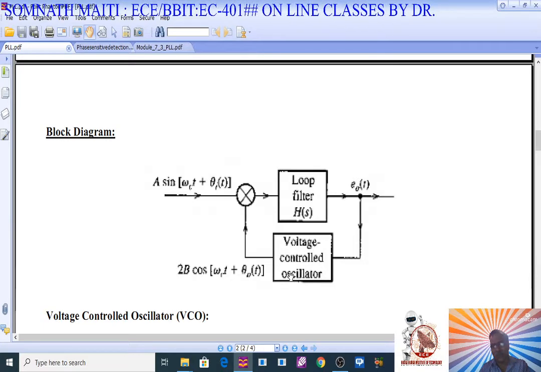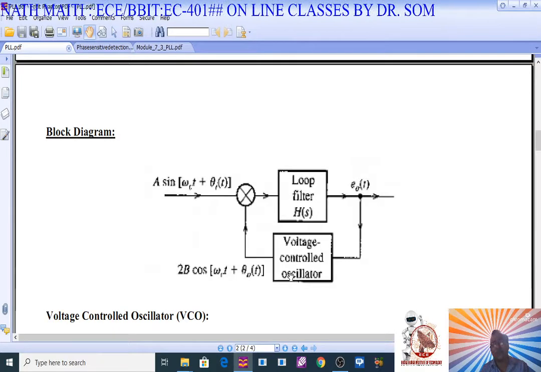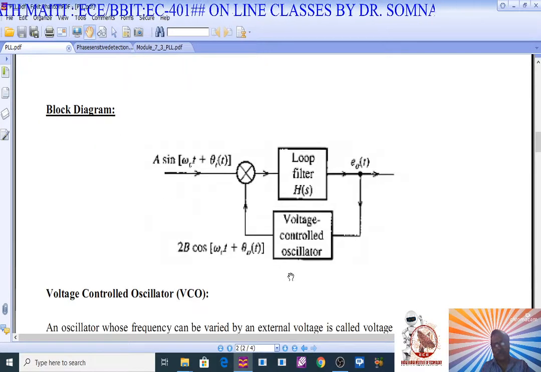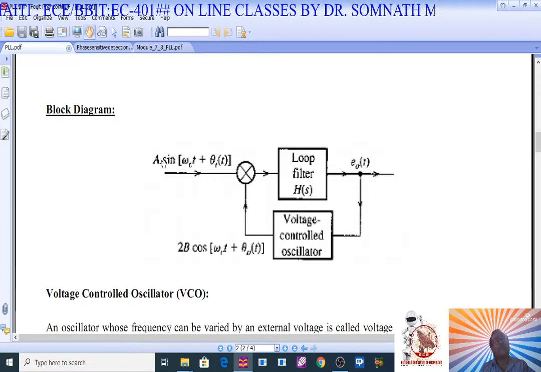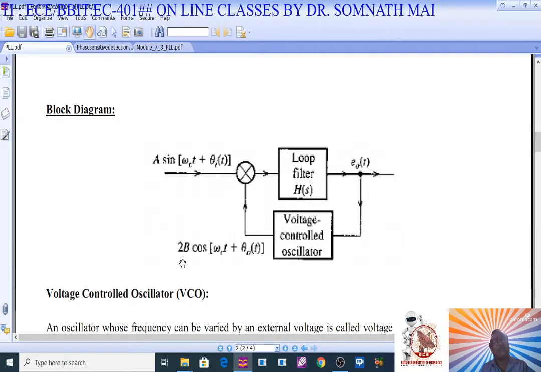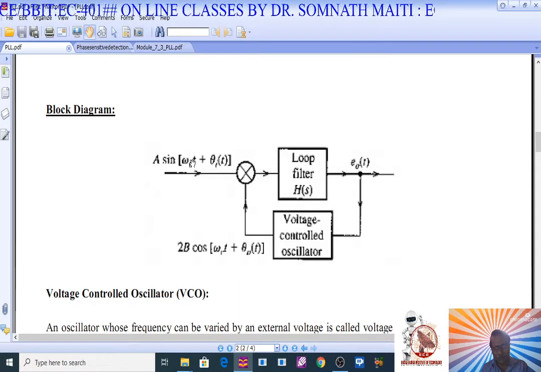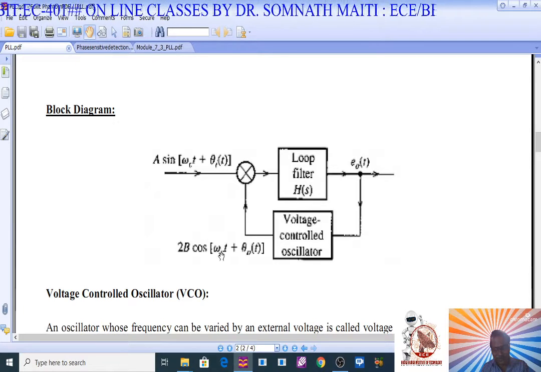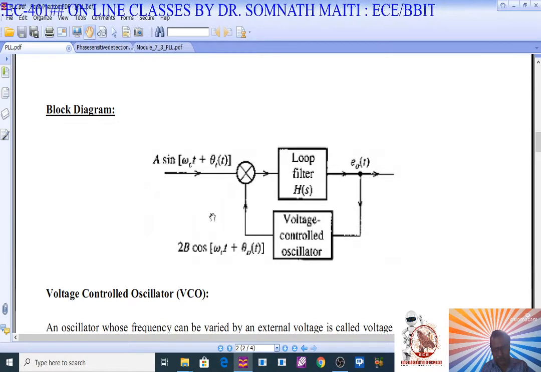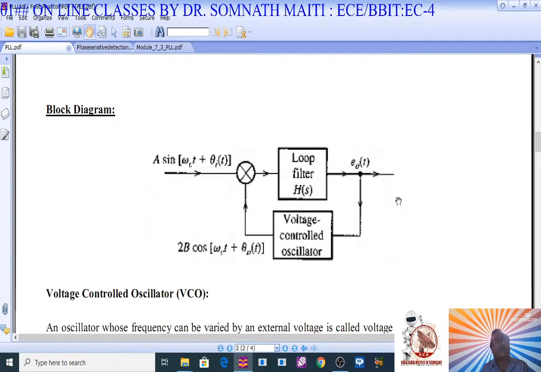That means it is not locked, so he will move away. So the same phenomenon is going to happen in the case of PLL. So A sin omega t is as if the thief, and this is nothing but your police. So this is trying to capture this frequency. This signal frequency is going to be the same as the incoming signal frequency or the reference frequency.